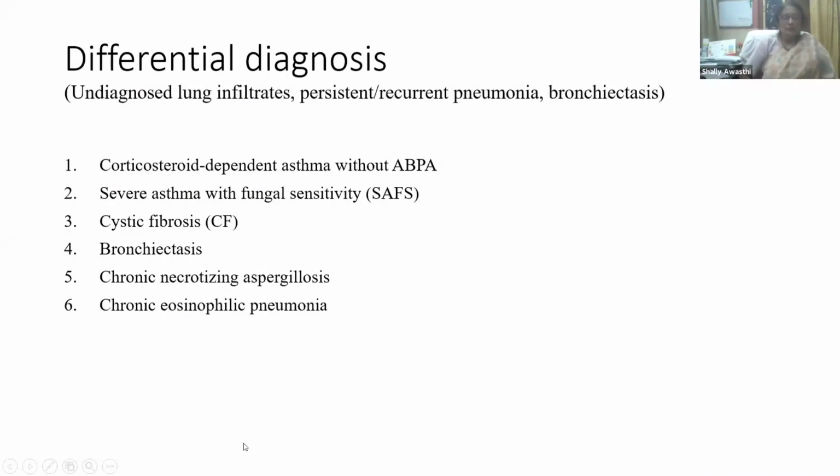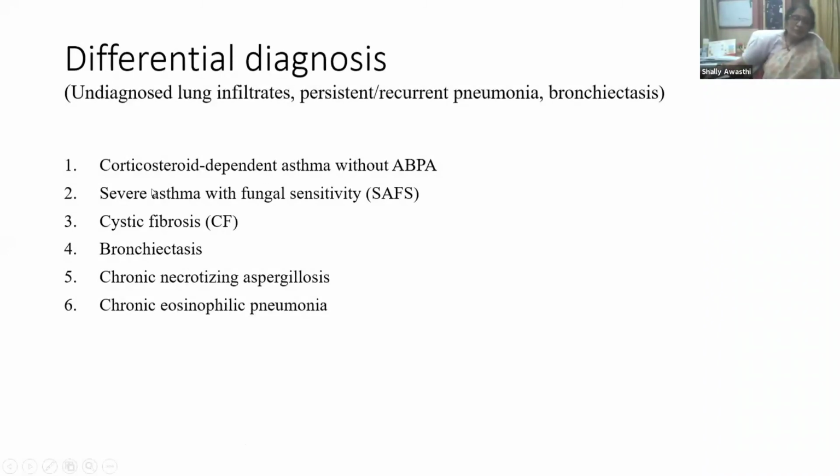So now we know how to identify at-risk patients and how to treat. Before we start treatment, we have to have a differential diagnosis of undiagnosed lung infiltrates, persistent recurrent pneumonia, and bronchiectasis. My senior resident and now my colleague will talk to you about persistent pneumonia in the last talk today.